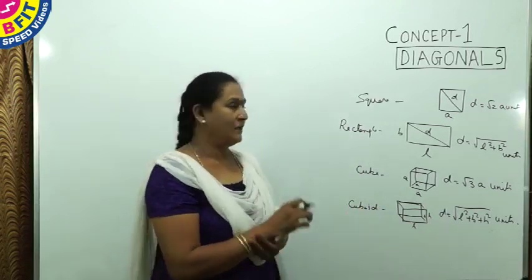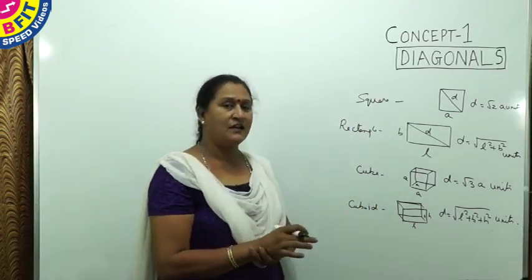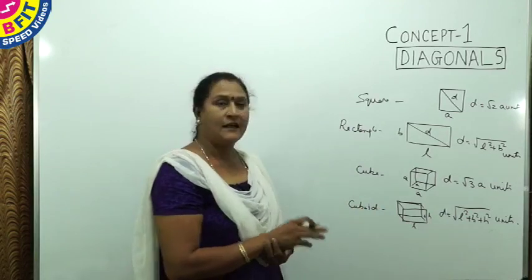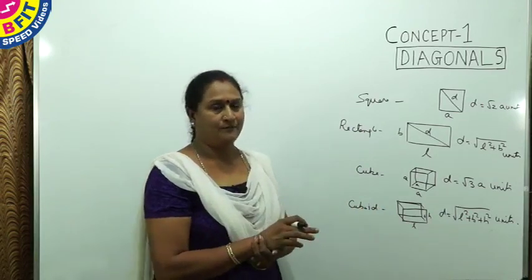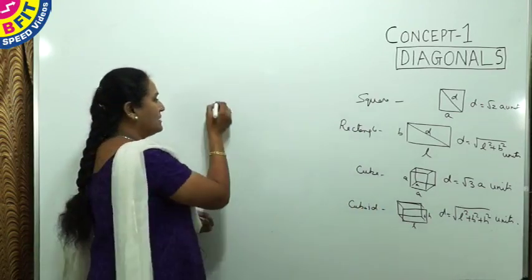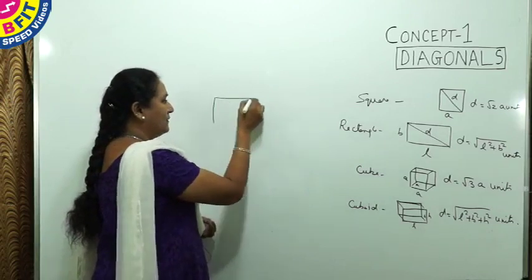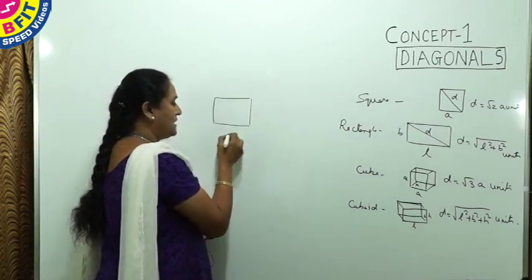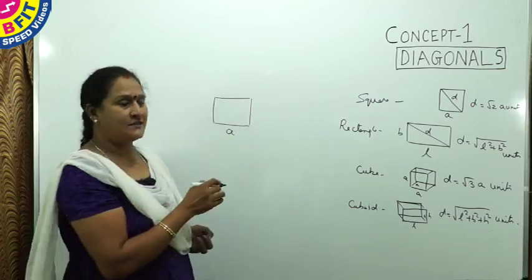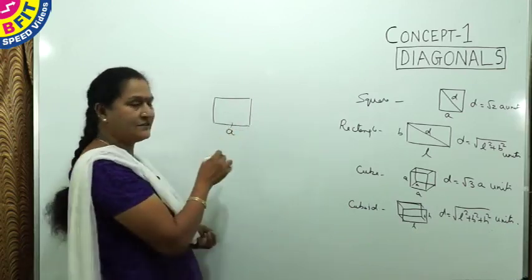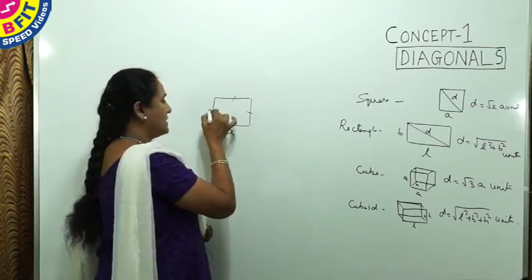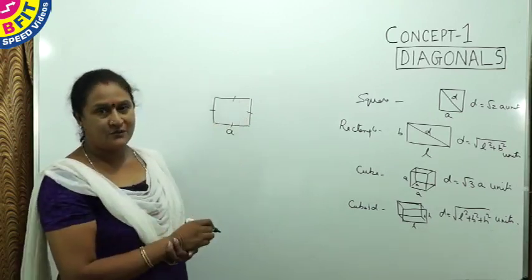So now we'll see what is the difference between a square and a rhombus and a rectangle and a parallelogram. A square is one which has all sides same. So if one side is a, and all sides are same, then it is a square.